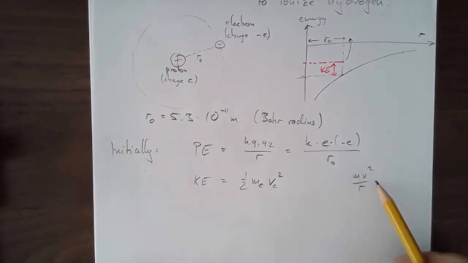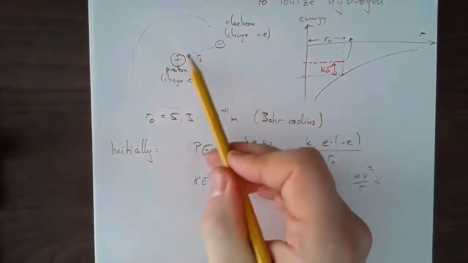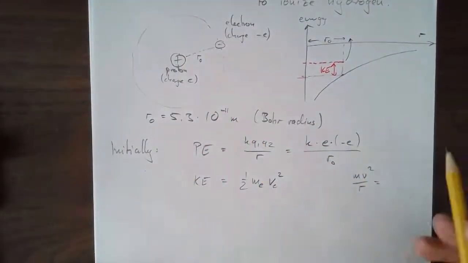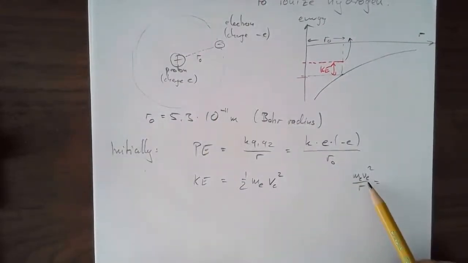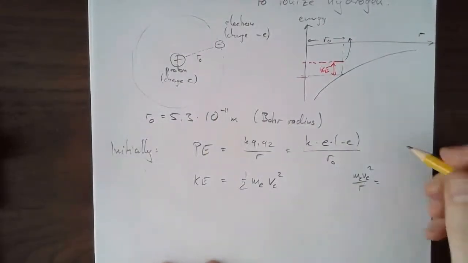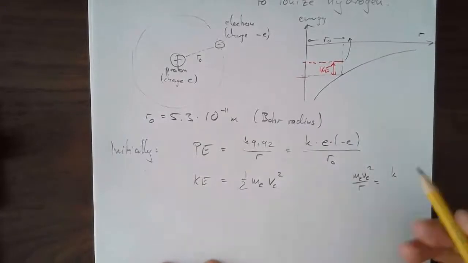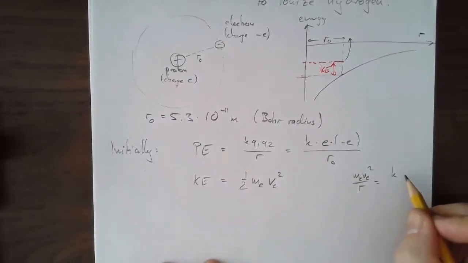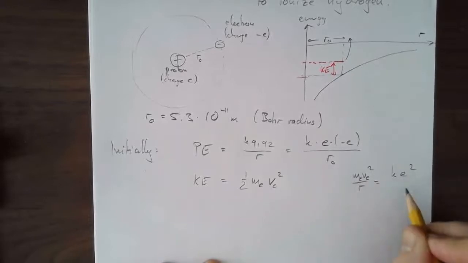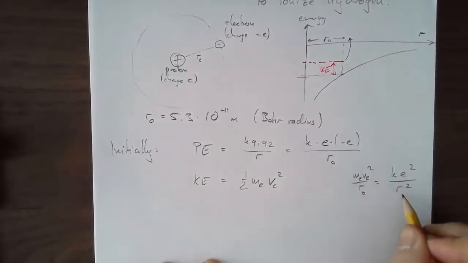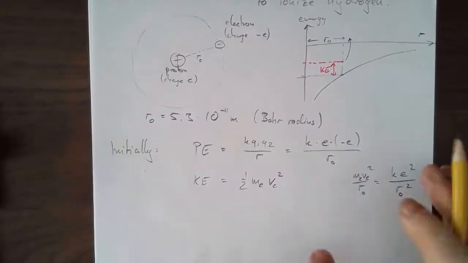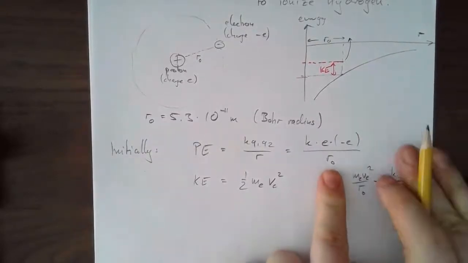We know it's going in a circle, so whatever force is doing the pulling has to be equal to this, where this is of course the electron. And what is the force? It's the electrostatic force, K Q1 Q2, which is K E squared divided by R naught squared.